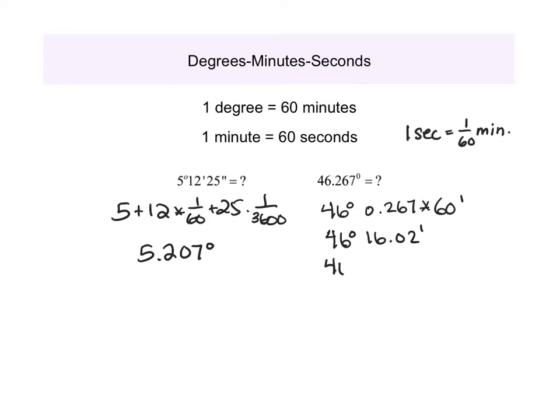So I can change that to 46 degrees, 16 minutes, and 0.02 times 1/60 seconds, which becomes 46 degrees, 16 minutes, and 1.2 seconds. And I can't break it down any further from there.